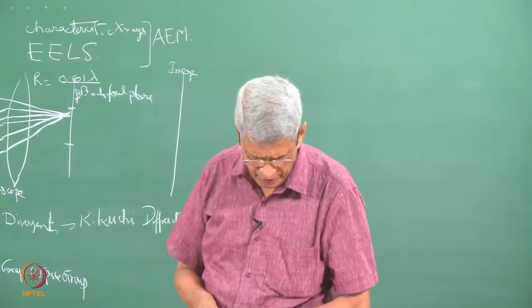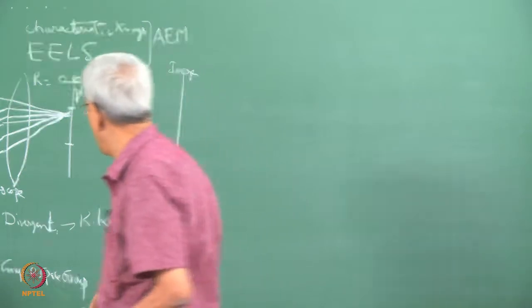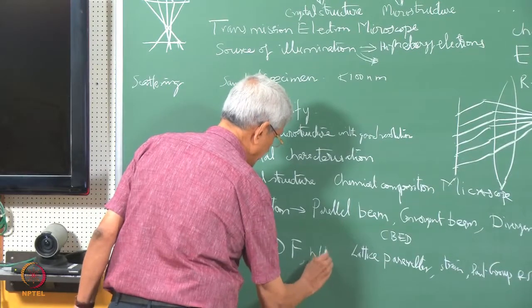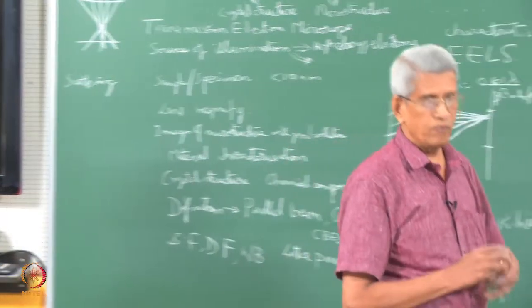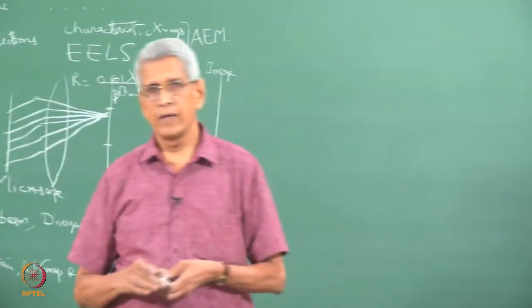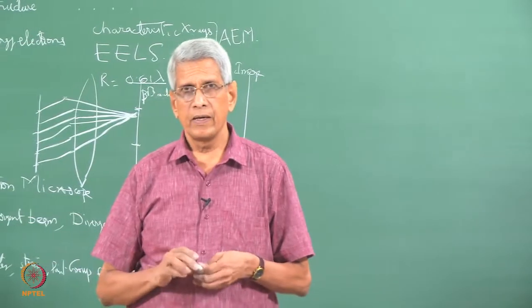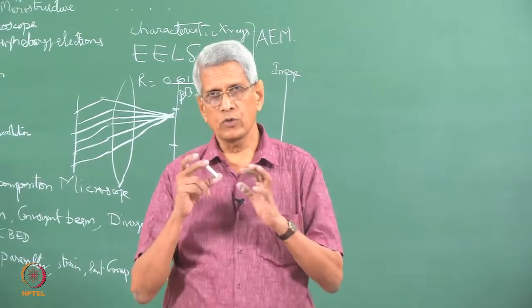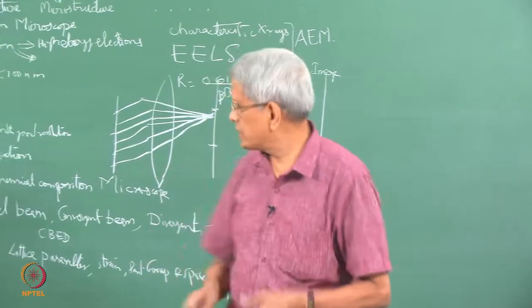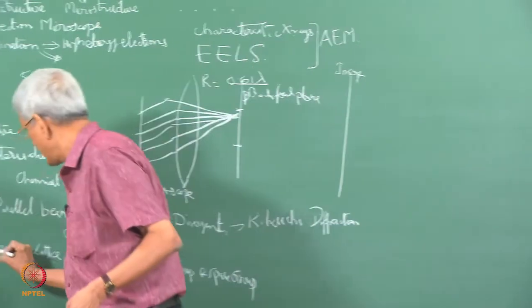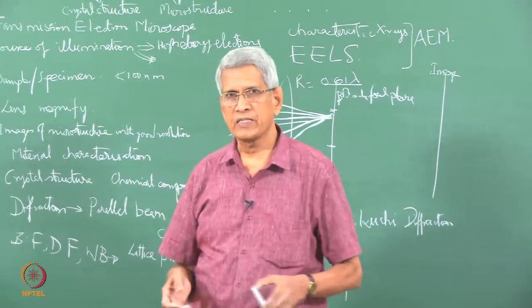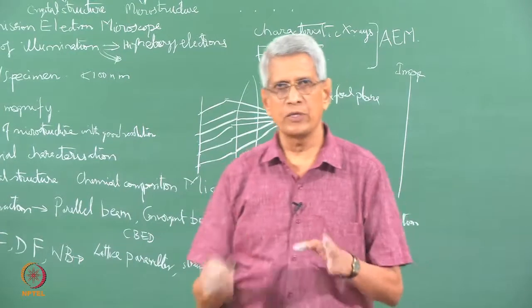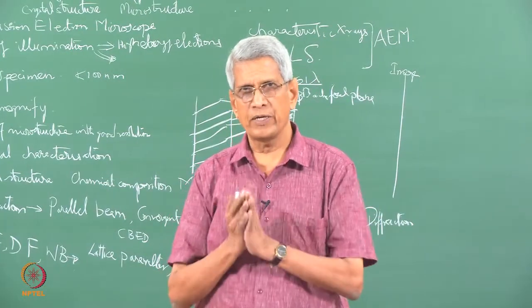Then imaging. Not only bright field and dark field, there is another method of imaging which we call weak beam imaging. Weak beam imaging is one in which the diffracted beam is made so weak that it satisfies the kinematical condition. This has some advantage, especially when you want to look at defect structure like dislocations, whether they have split into partials, and what the separation between them is.